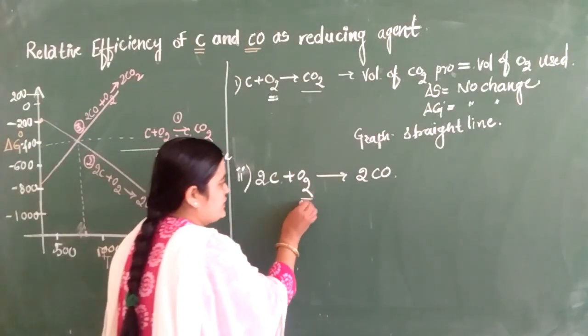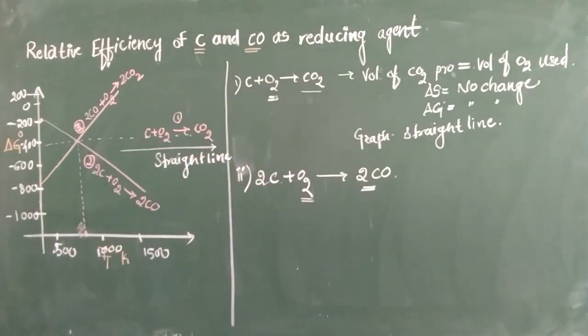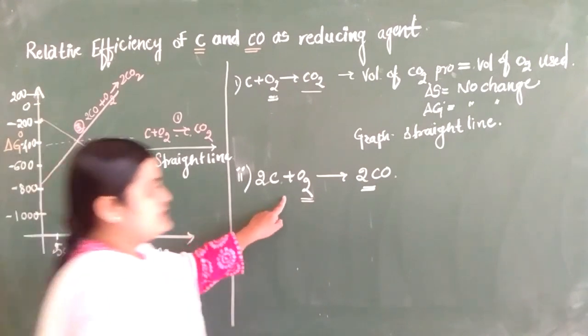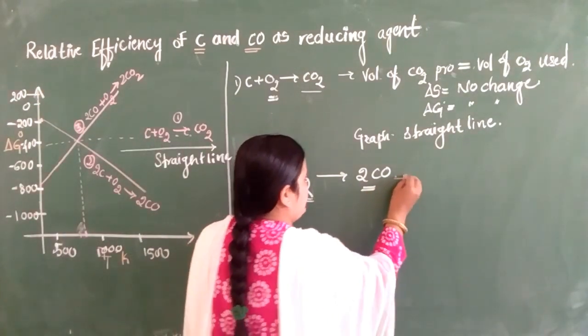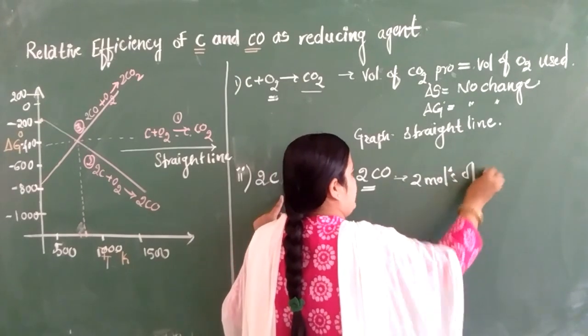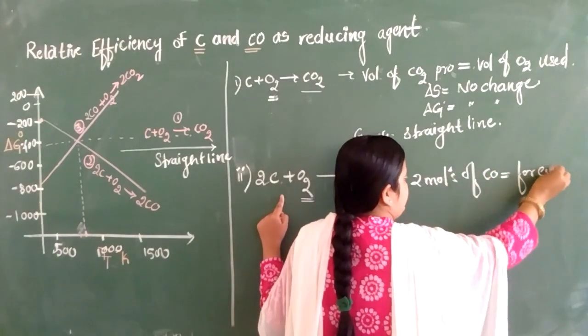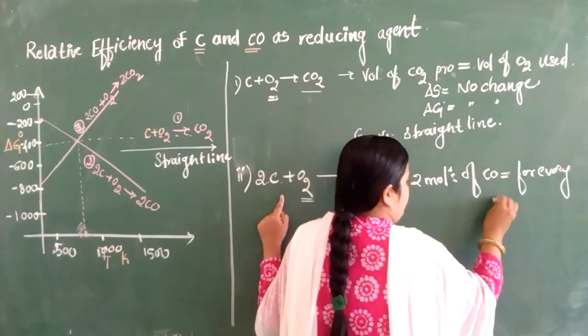Now just observe the amount of oxygen and the amount of carbon monoxide that will form here. Two moles of carbon monoxide are produced for every 1 mole of O2.